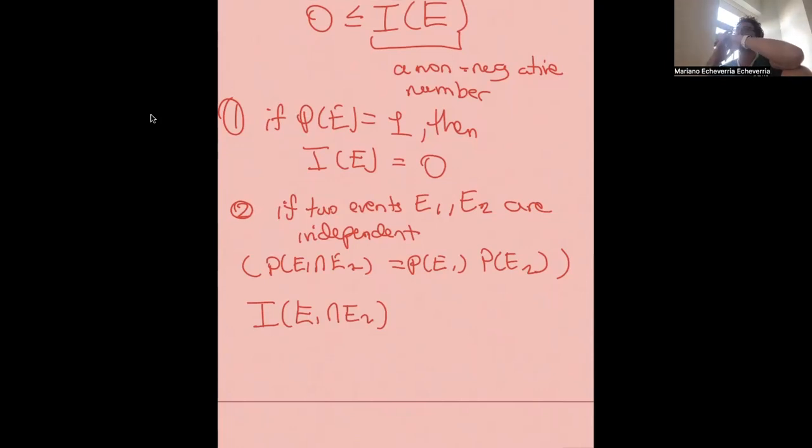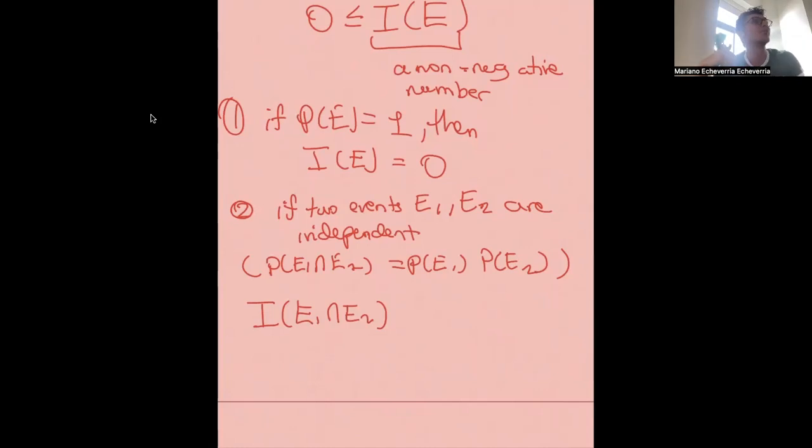You could say, tomorrow it's going to rain and tomorrow there's going to be an earthquake, right? You would think those events are independent of one another, because one does not affect the other. Rain seems to have no effect on whether there's an earthquake, and vice versa, right?